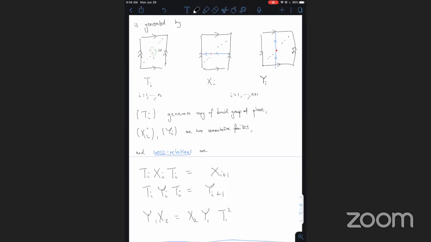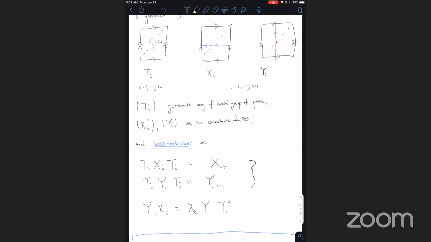Namely, we have T_i x_i T_i = x_{i+1}. So T_i is in a sense implementing the translation along the Dynkin diagram, and similarly for the y_i's. And then we have various cross relations between the x's and y's, all of which, in view of the relations here, follow from the following one, which says that x_1 y_2 = x_2 y_1 t_1^2.